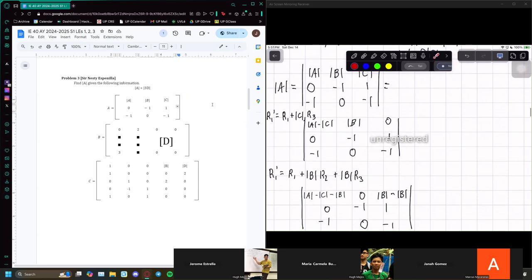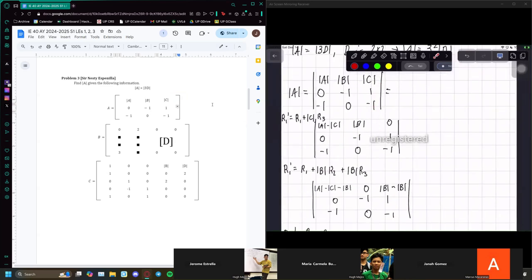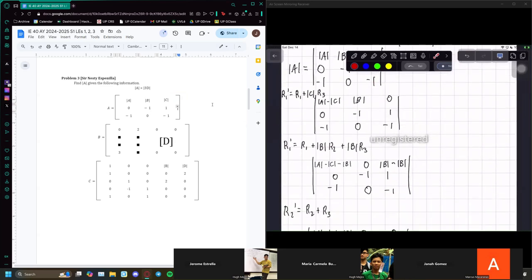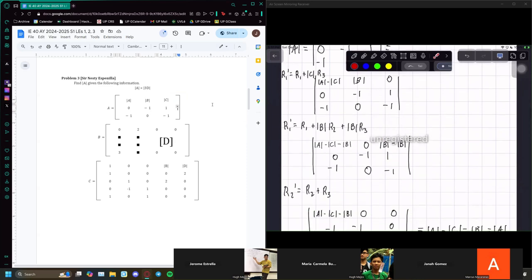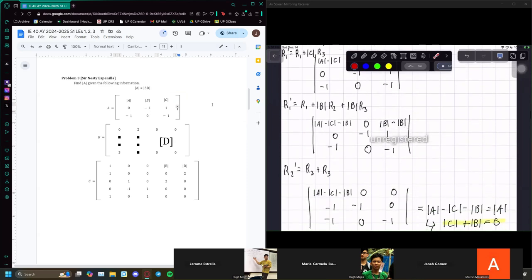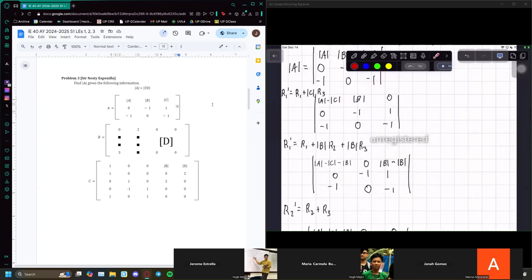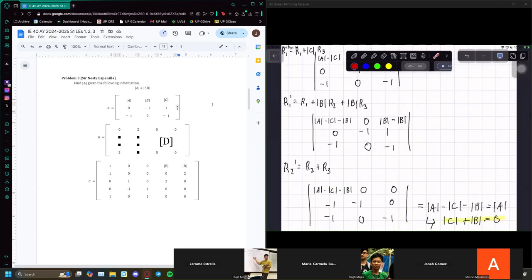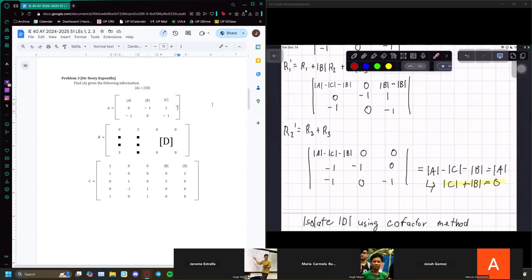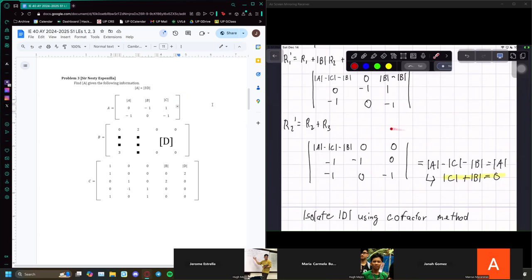What you're going to do here is row operations until, for me, the easiest way, it's diagonal. I'm not sure if there's another way to do this, but basically you do it until diagonal. And you can see that all the row operations I do here are just adding rows to each other, so the determinant does not change. I ended up with this matrix where the diagonal elements are determinant of A minus determinant of C minus determinant of B, and -1 and -1.